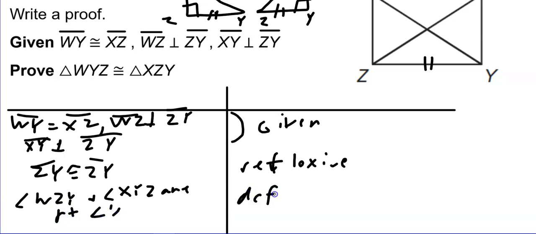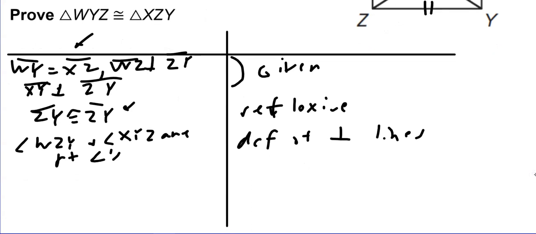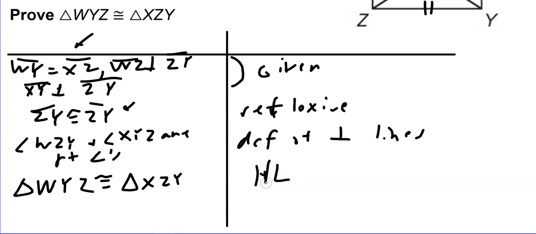And that's just the definition of perpendicular lines. And now that we have right angles, a congruent side right here, and we have a leg right there, so we have the hypotenuse and the leg, we can say triangle WYZ is congruent to triangle XZY by HL. And it's only because it's a right triangle. Otherwise, we'd have ASS, and that would not work.